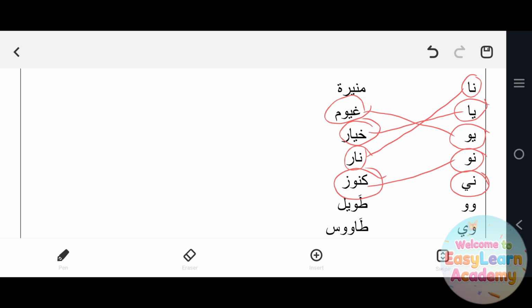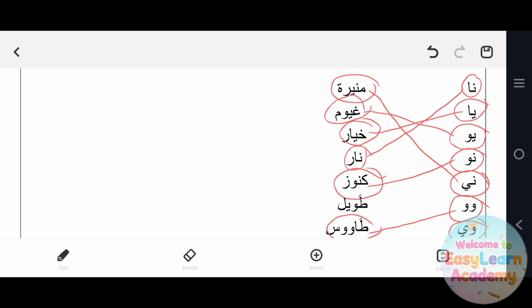So I'm going to match with munira. Munira. Okay, the next long vowel is woo. And I'm going to match with Tawus. Tawus means peacock.